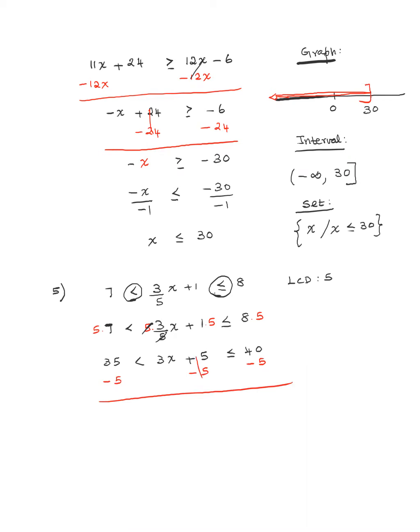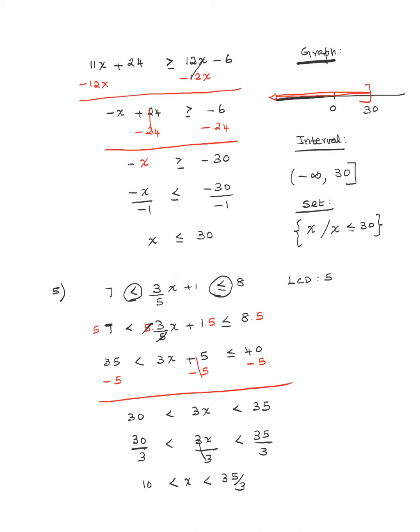So we get 30 is less than 3x less than or equal to 35. Again, there is 3 here, so we are going to divide the whole inequality by 3. So we get 10 is less than x less than or equal to 35 over 3.